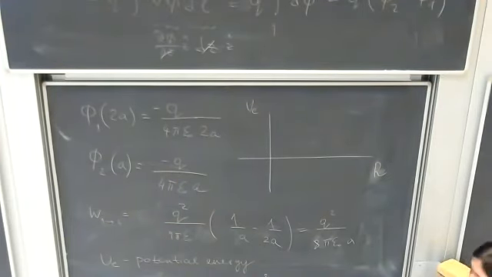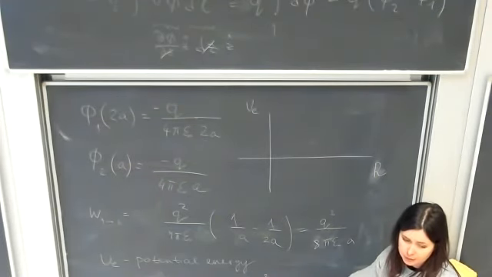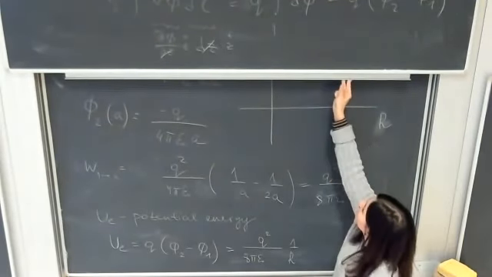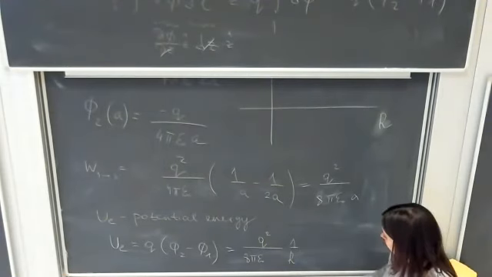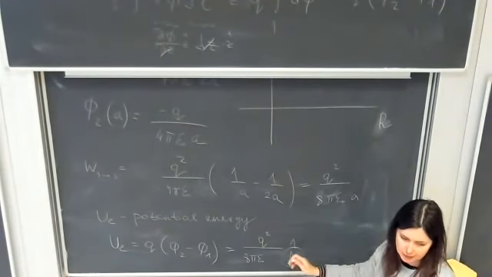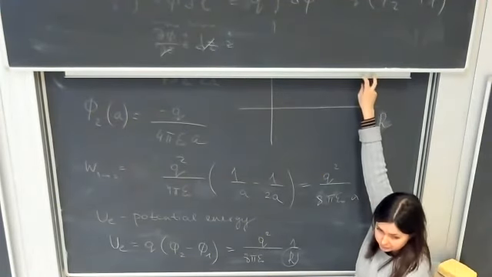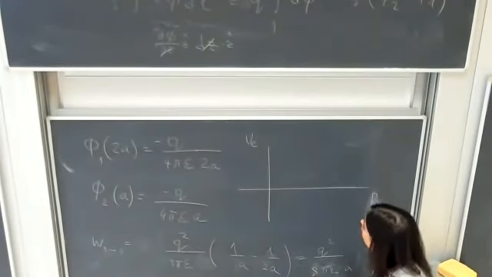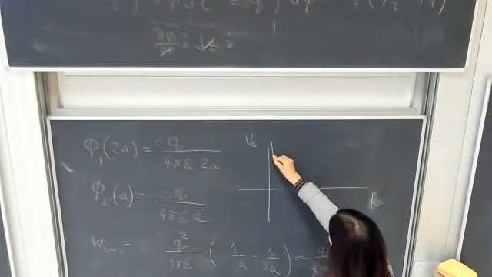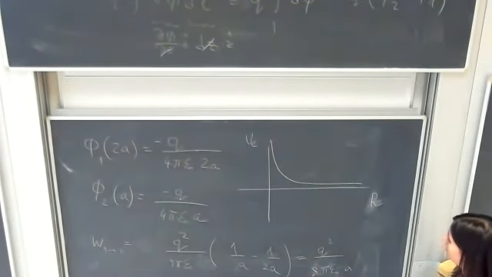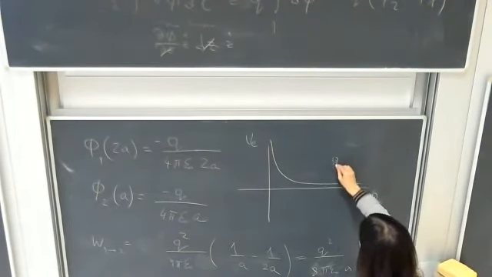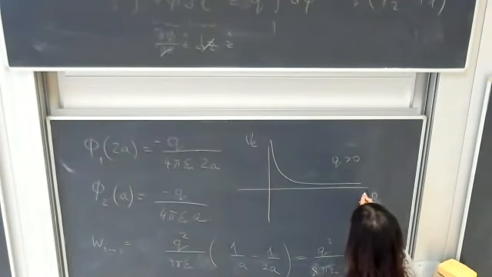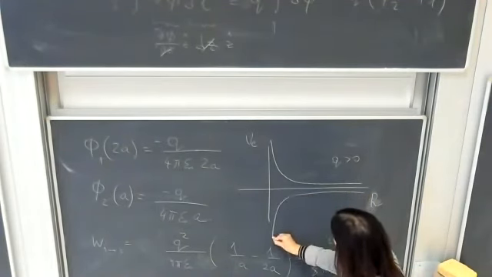Since it's divided by R, the larger the radius, the smaller the energy. So such relation for Q positive, and mirrored for the negative.